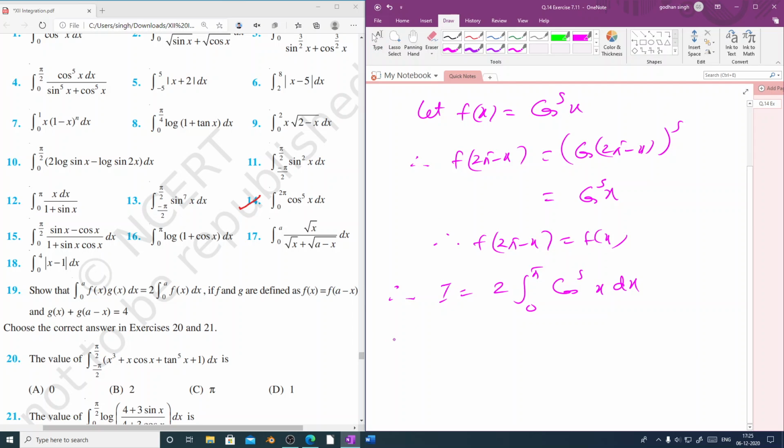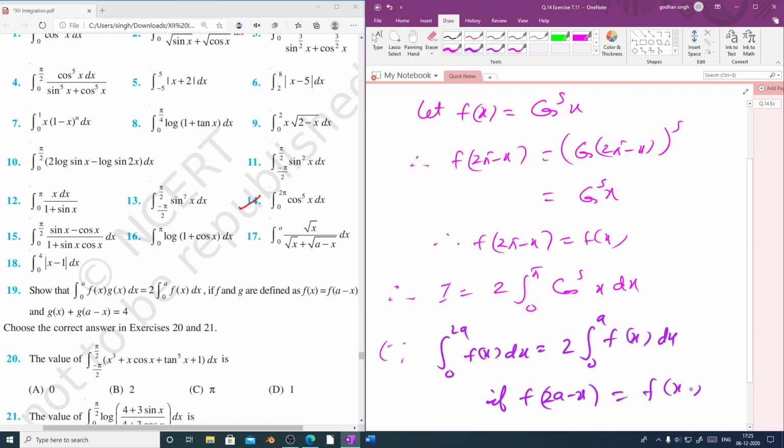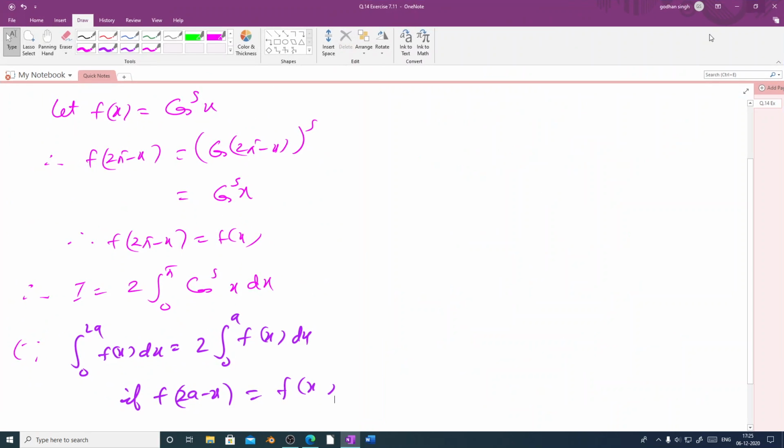Because whenever we are integrating f(x) from 0 to 2a, it is equal to 2 times the integral from 0 to a of f(x) dx if f of 2a minus x is the same as f(x), which is the case here. Now we'll simplify this further to obtain the value of I.